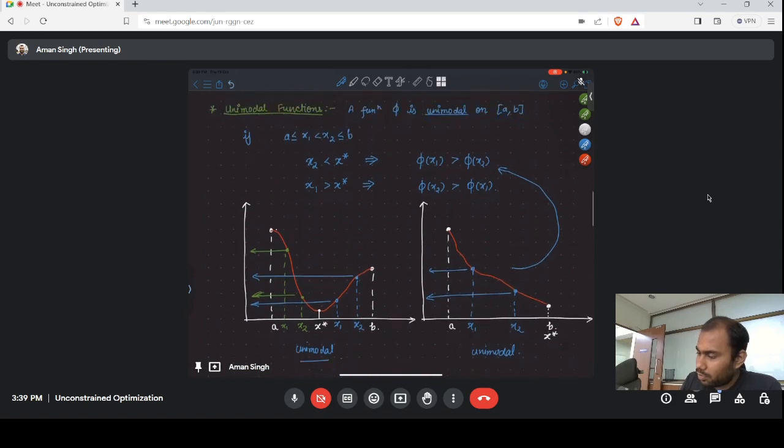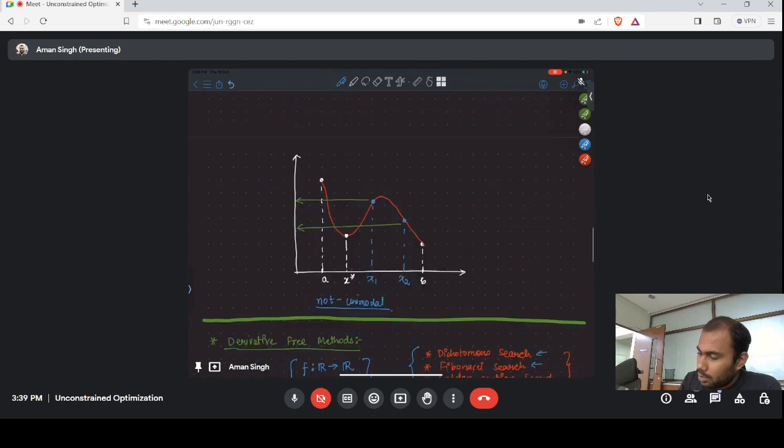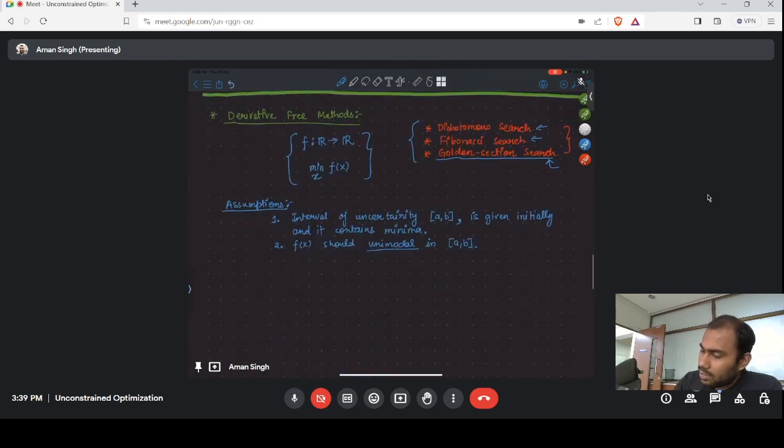This is the definition: if the function phi is unimodal on a comma b, and we find any two points x1, x2 such that x2 is greater than x1 between a and b, then if both x1 and x2 are smaller than the minima, phi(x1) is greater than phi(x2), and if both are greater than the minima, then phi(x2) is greater than phi(x1). These are some examples of the unimodal we already discussed. So these are the two assumptions.